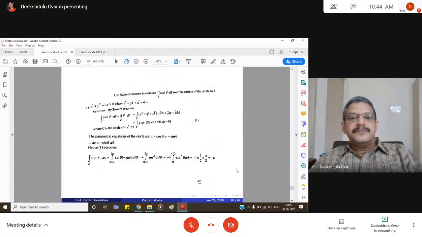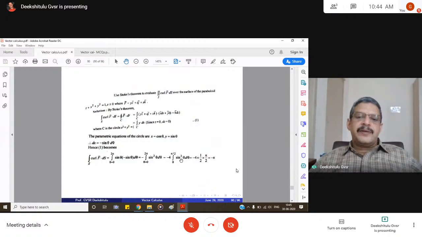Okay. Use Stokes theorem to evaluate the double integral over S of curl F dot dS over the surface of the paraboloid. If you don't apply Stokes theorem, you have to evaluate the surface integral directly. Let us see how the problem is done. Z plus x square plus y square is equal to 1, z greater than or equal to 0. F is equal to y i plus z j plus x k.